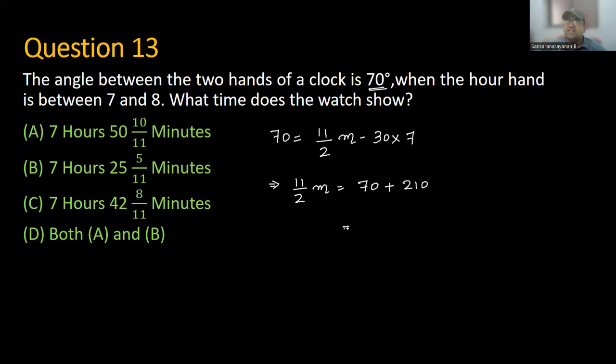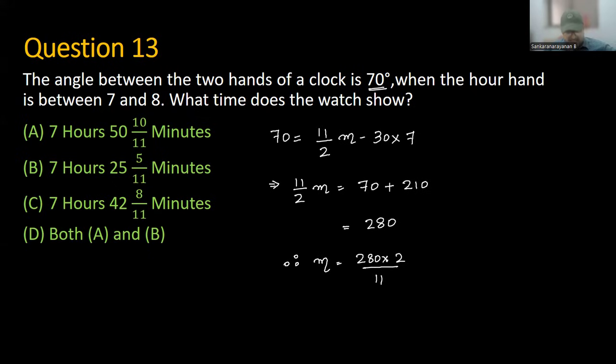So this is equal to 70 plus 210, which I know is 280. So I can get the value for m as 280 into 2 upon 11. This is one possible answer.